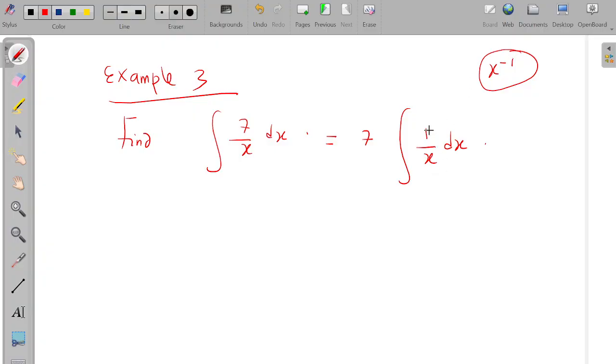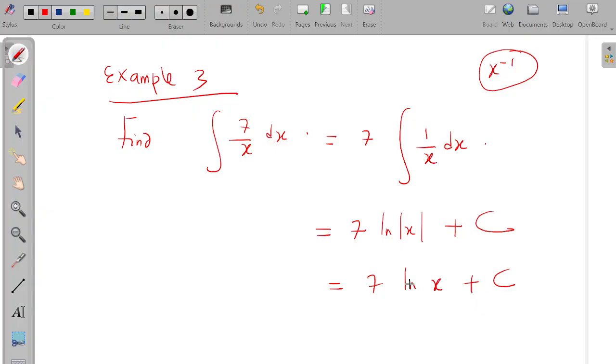then we need to use this special rule, which becomes ln of x. So if I integrate this, it becomes 7 ln of the absolute value of x plus c. We are taking the absolute value, that's why we are putting this. If we assume the positive value, we can also write it as ln x plus c, which means we are saying x is the positive one.